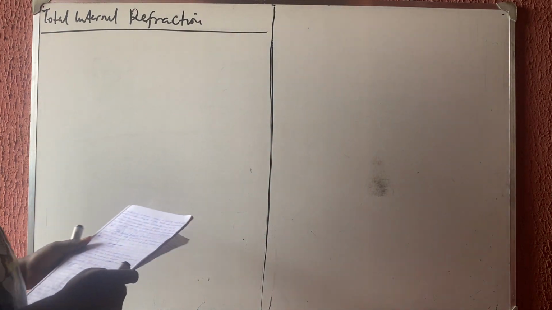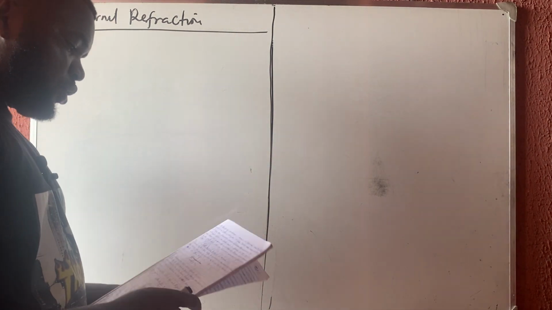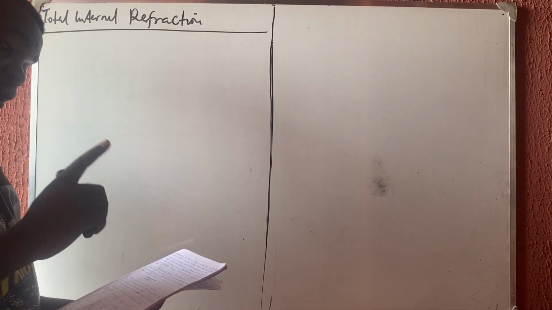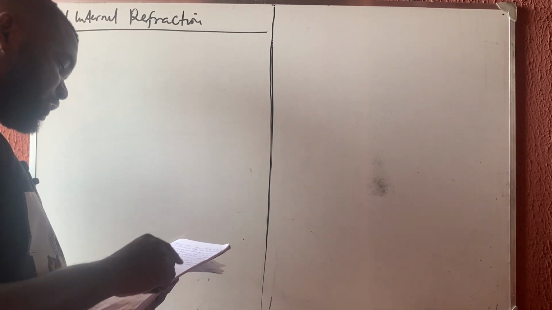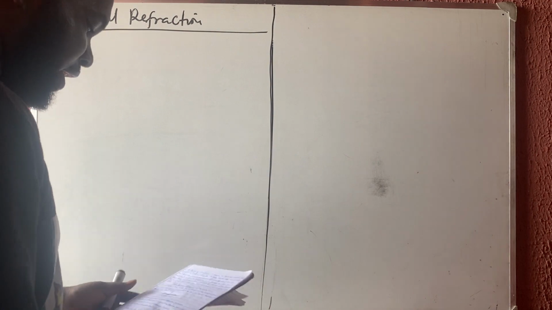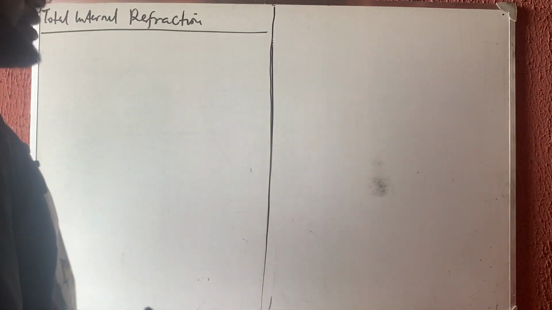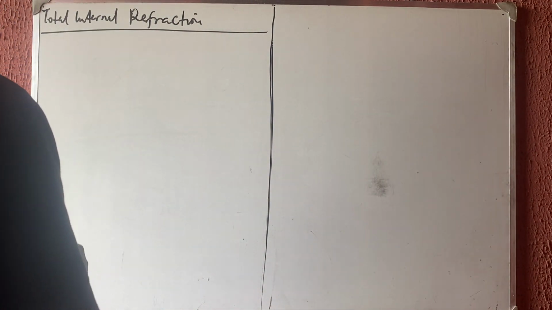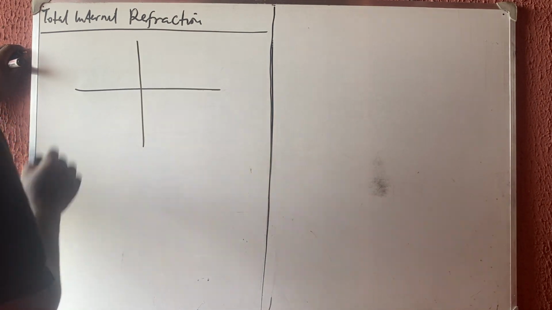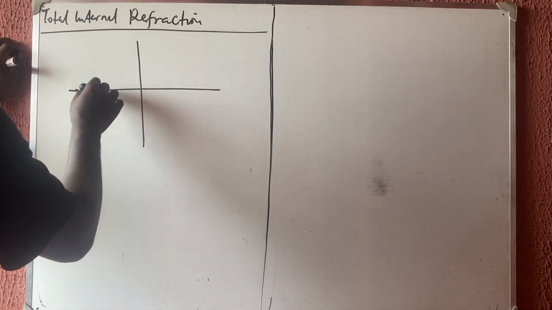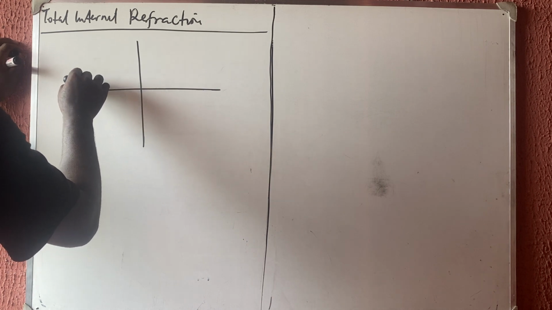They say that a critical angle is the angle of incidence in the denser medium for which the angle of refraction in the less dense medium is at right angle. What am I saying?